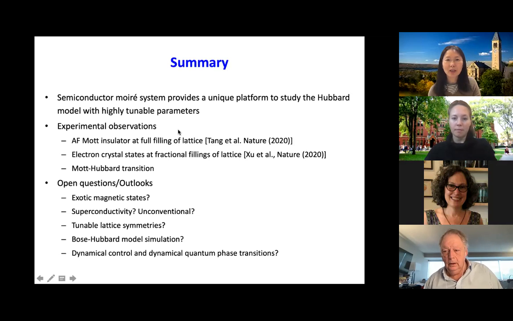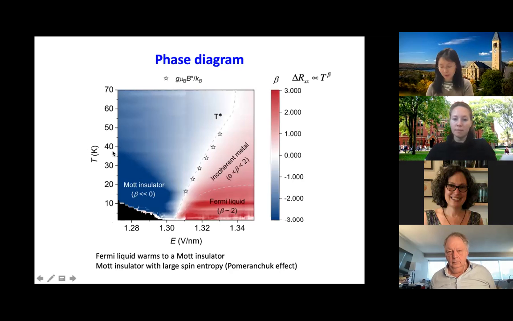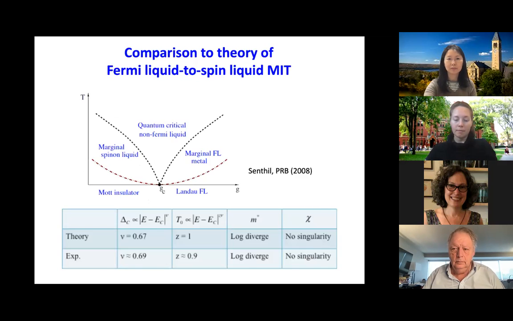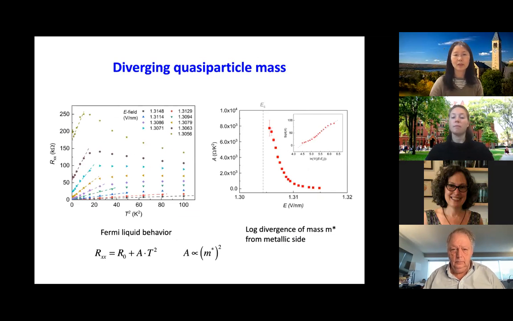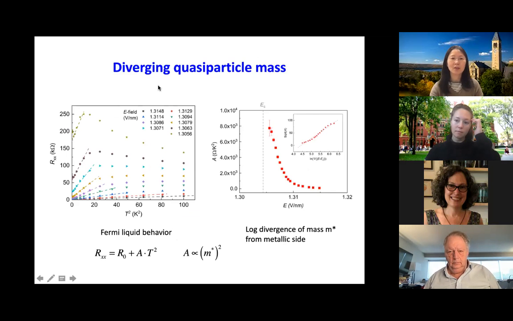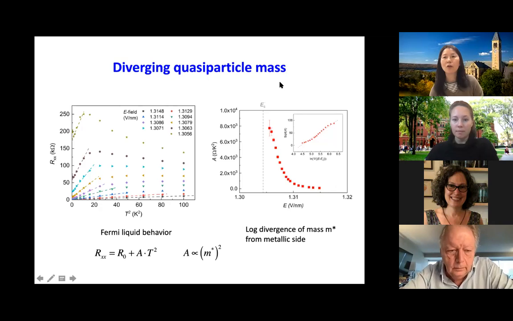So Philip, for the Fermi liquid to Mott transition, what is the critical resistance you measure? So let's go back to the curve. It is on the order of the universal value, but not exactly.